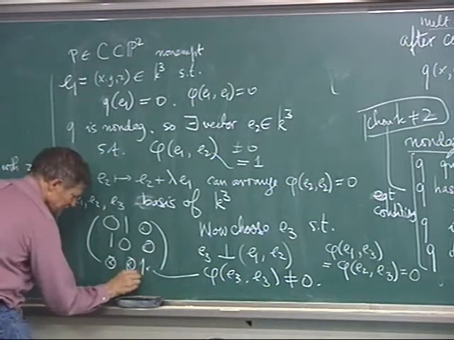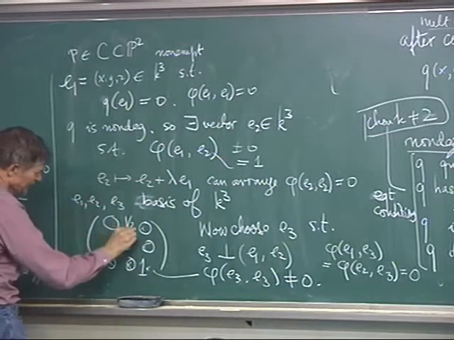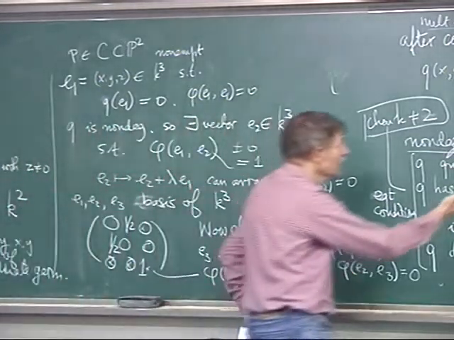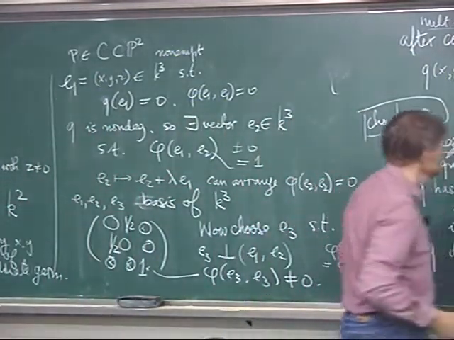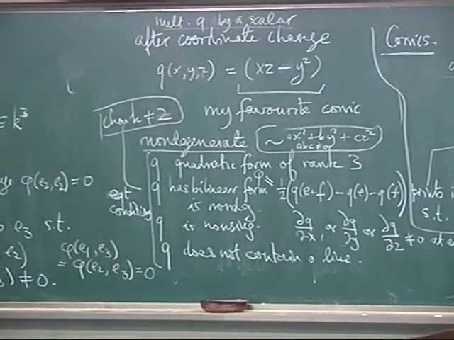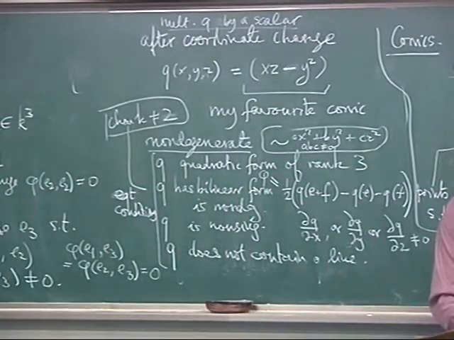So I can arrange this one to be 1. And then I can mess around with E1, E2 to make this a half. And I've finished. My quadratic form is like this. Okay, so that's this theorem.